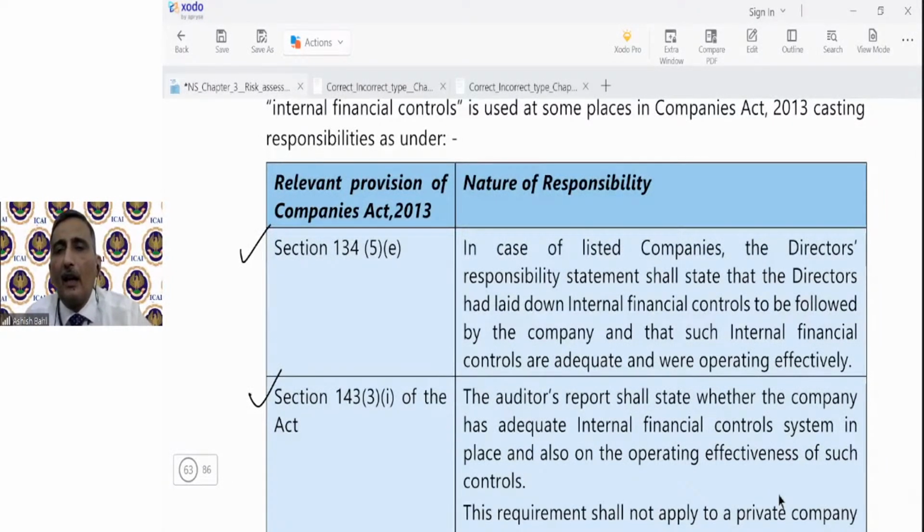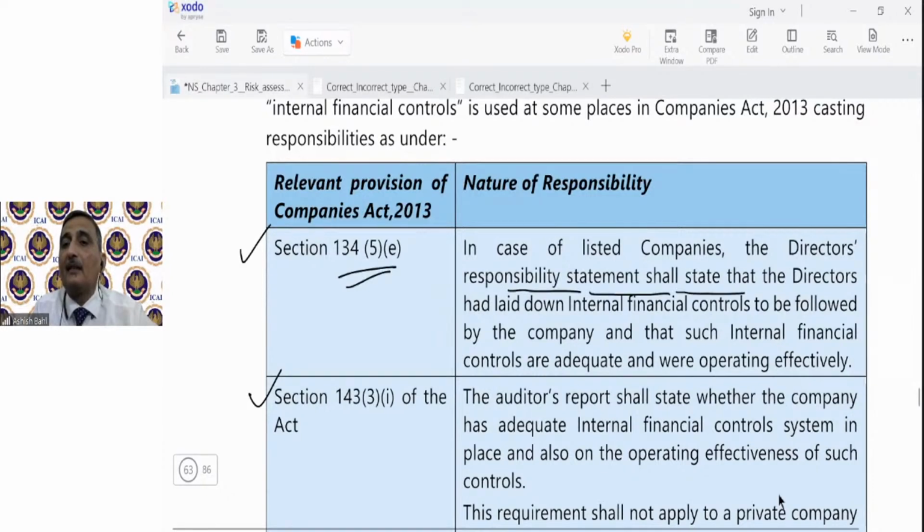Therefore, I would not be harping about these things right now, because you would not be able to grasp the complete import of these things. So there is section 134, where the directors' responsibility statement requires directors to state that the company has laid down internal financial controls.